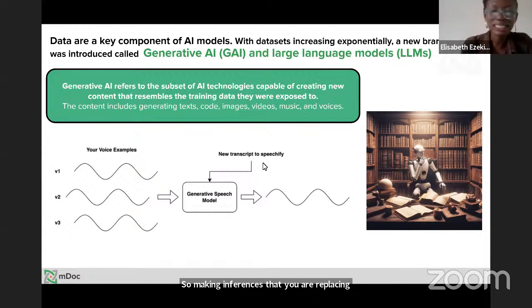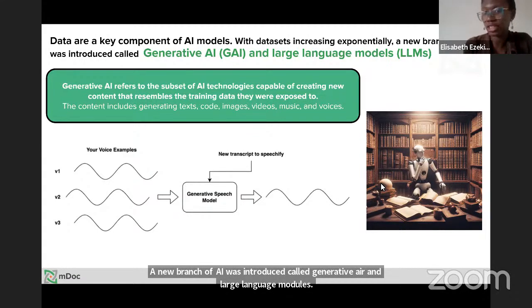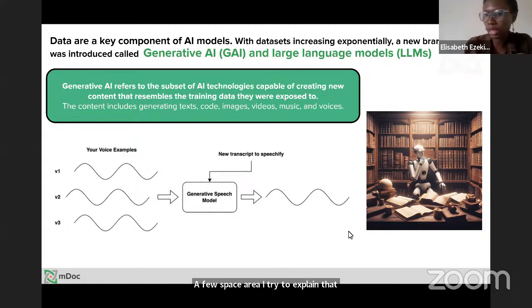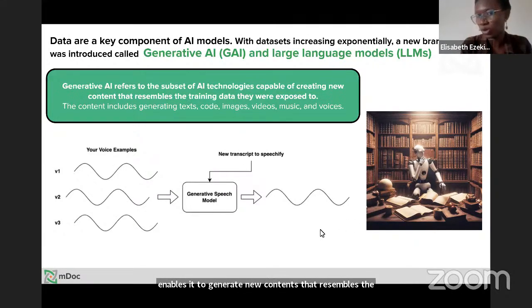So like we said, data is a key component of AI models. And honestly, with the way data sets are increasing exponentially, with the way the world is moving so fast, a new branch of AI was introduced called generative AI and large language models. A few slides earlier, I tried to explain that generative AI is an artificial intelligence category or technique that enables it to generate new contents that resemble the similar output it was exposed to, right?